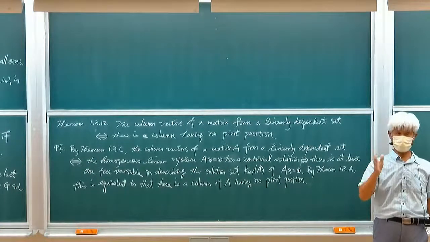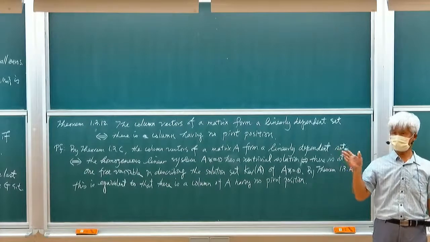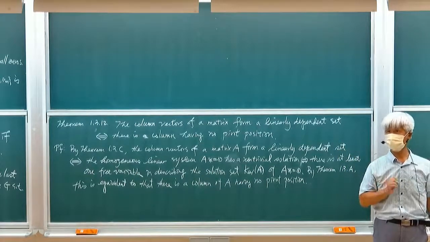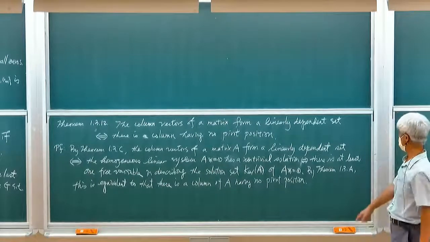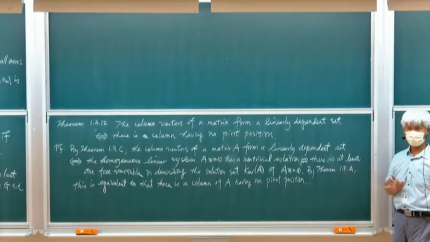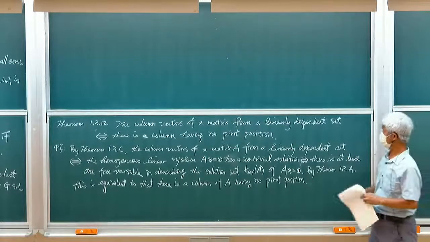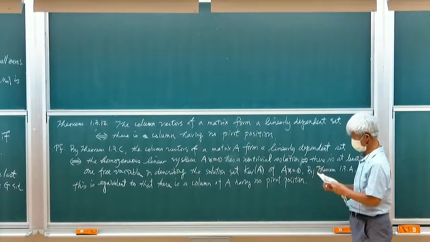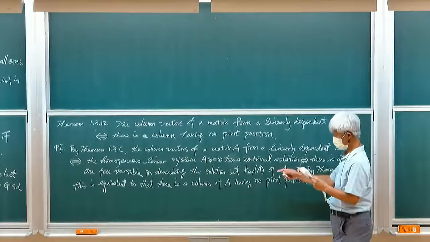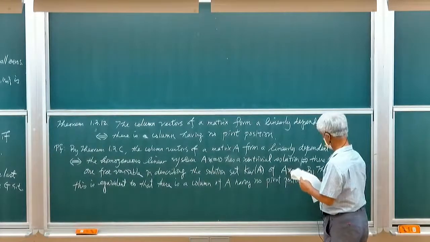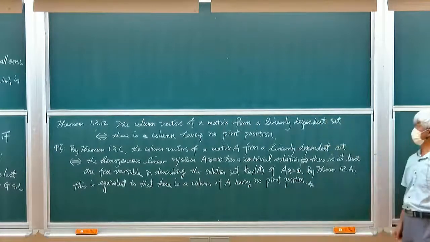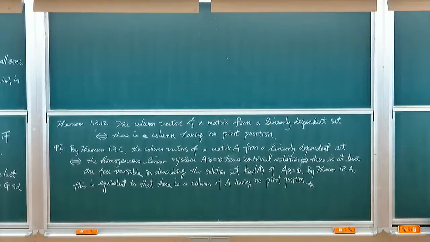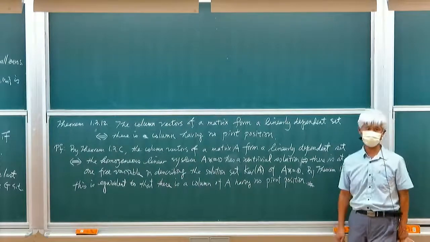If a column has no pivot, then the corresponding unknown variable can be set to be free. Okay, can be set to be free in theorem 1.3.8, right? We proved that before. So in terms of pivot positions, such a column has no pivot position. Any questions?